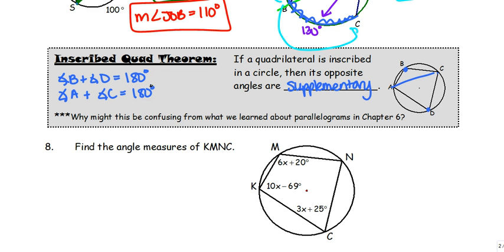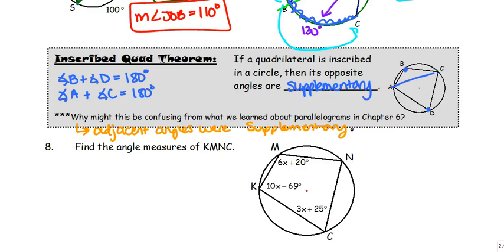This could be confusing from what we learned about parallelograms in Chapter 6. Their adjacent angles were supplementary. So this is completely different. Make sure that you have these two rules separated.